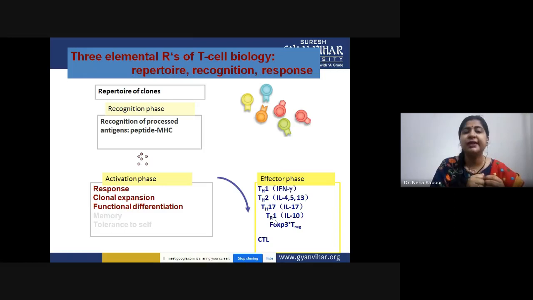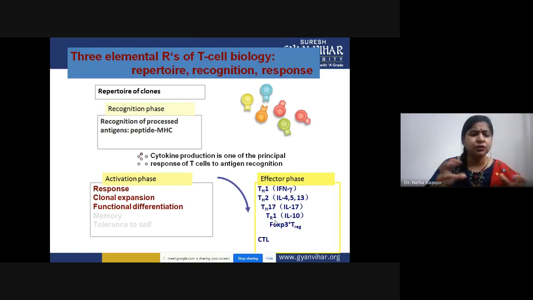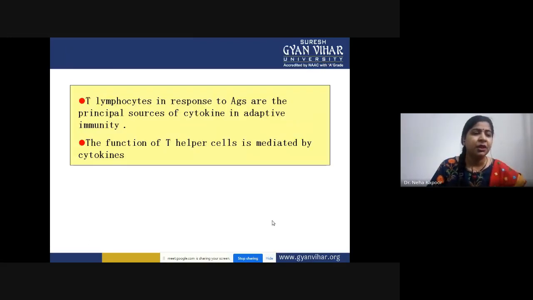In that case, it will release interleukin 17. TR1 releases interleukin 10, and CTL, that is cytotoxic T lymphocytes, basically mediate the effector function. So this cytokine production is one of the principal responses of T cells in conjunction with antigen recognition.